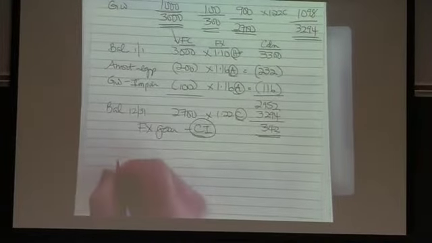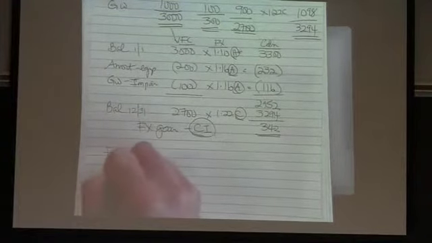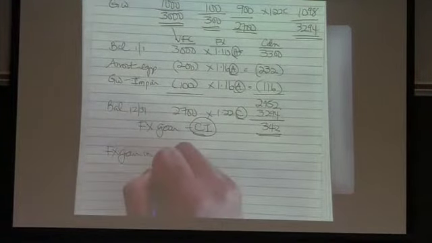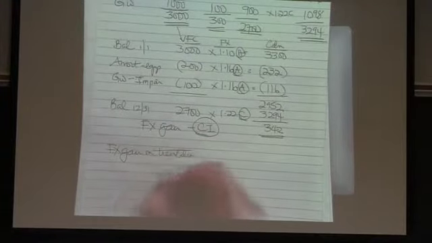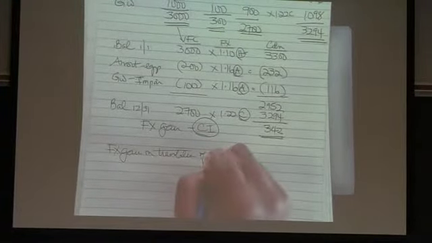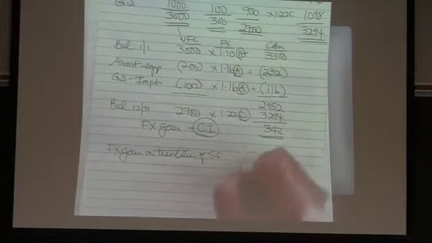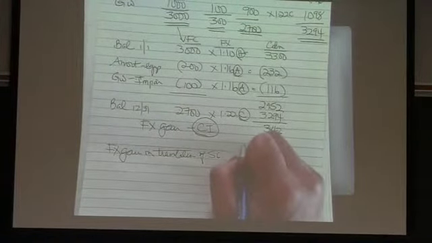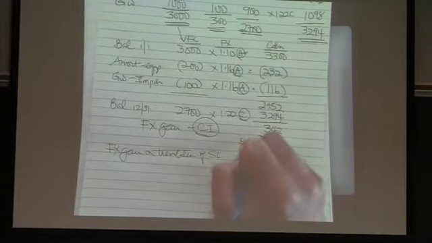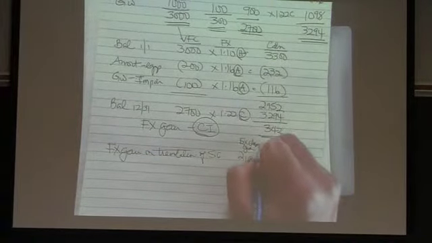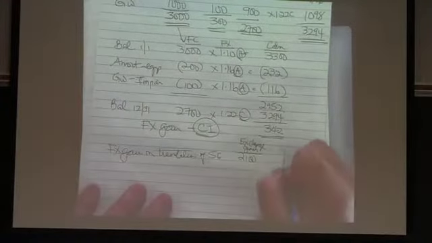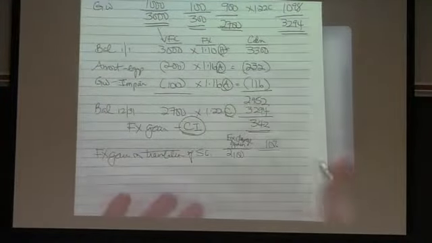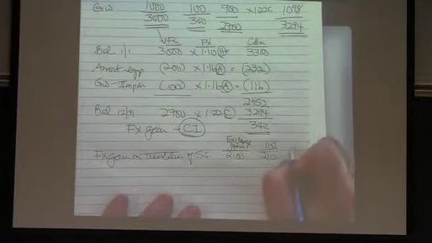We've got the FX gain on translation of S company, and that was 2,100. Now, 10% of that is NCI, and then 90.